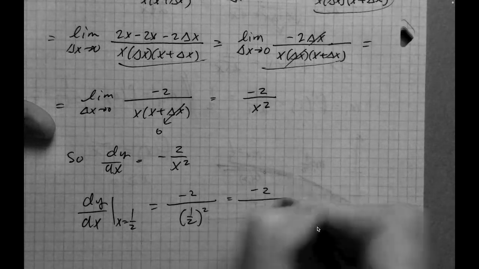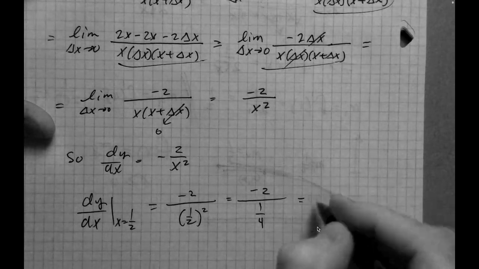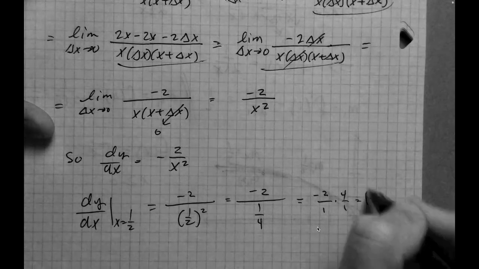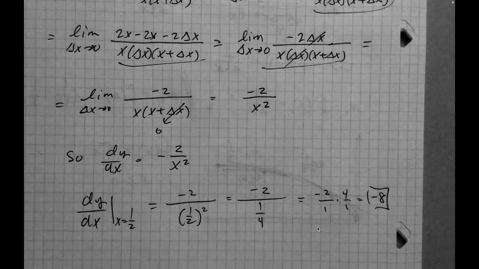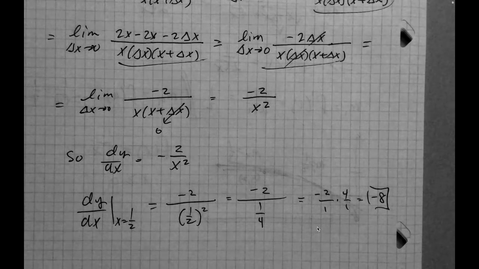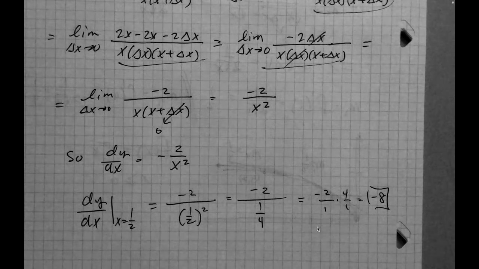That's negative 2 over 1/4, which, doing the math, negative 2 over 1 times 4 over 1, would be negative 8. So the slope of the tangent line of the function y equals 2 over x at x equals 1/2 is negative 8. All right, good.